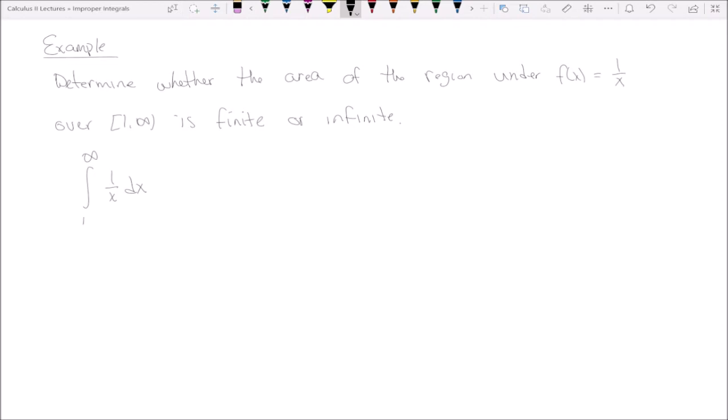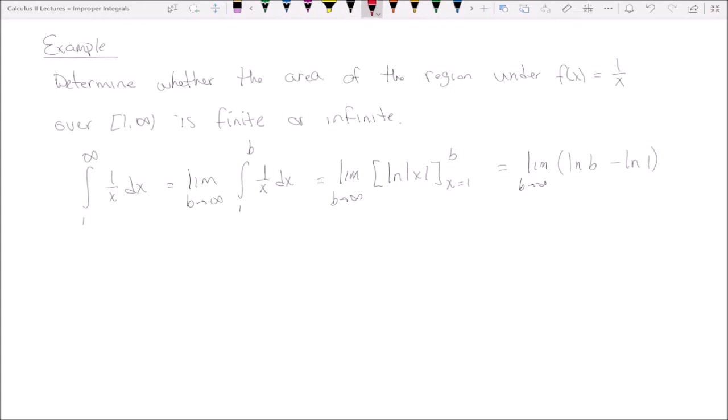Well, this is clearly an improper integral, so we say this is the limit as b approaches infinity of the integral 1 to b of 1 over x dx. So this is going to be the limit as b approaches infinity of natural log of the absolute value of x as x goes from 1 to b. That is the limit as b goes to infinity of natural log of b, we can drop the absolute values because clearly b is going to be positive, minus natural log of 1.